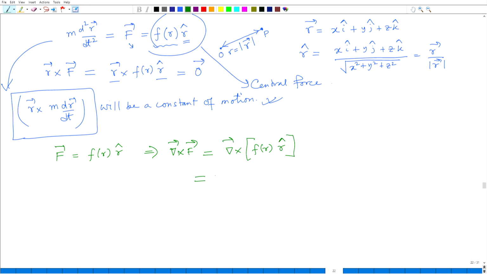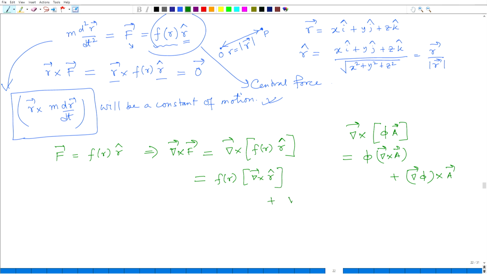You may know that when you have a curl of a scalar times a vector, there is a distributive property like this: you first have phi curl of A plus grad phi cross A. Then I can use this over here and I will have f(r) curl of r cap plus gradient of f(r) cross r cap.